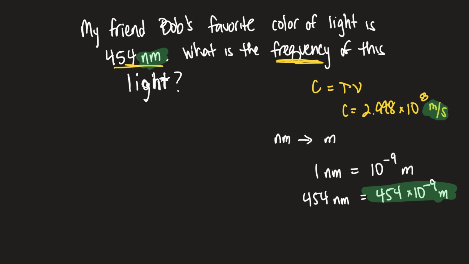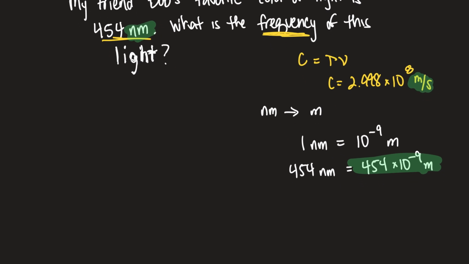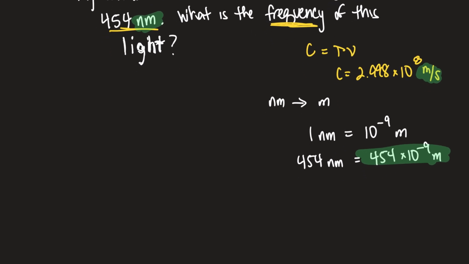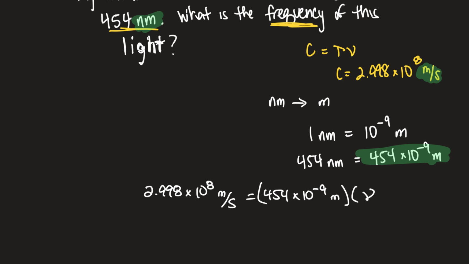And this is going to be the number that we use to convert from wavelength to frequency. And so here's our equation. If the speed of light is 2.998 times 10 to the eighth meters per second, and our wavelength is 454 times 10 to the negative 9 meters, then all we have to do is solve for frequency.